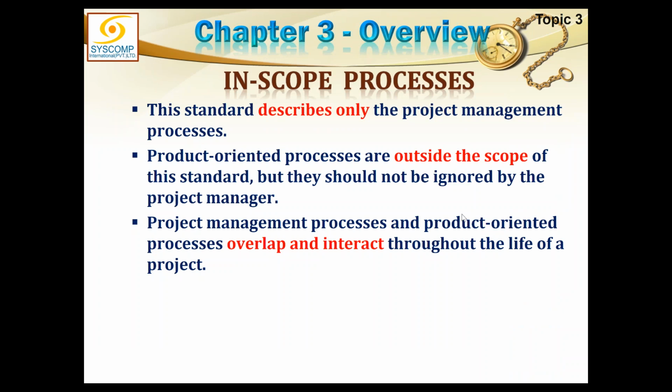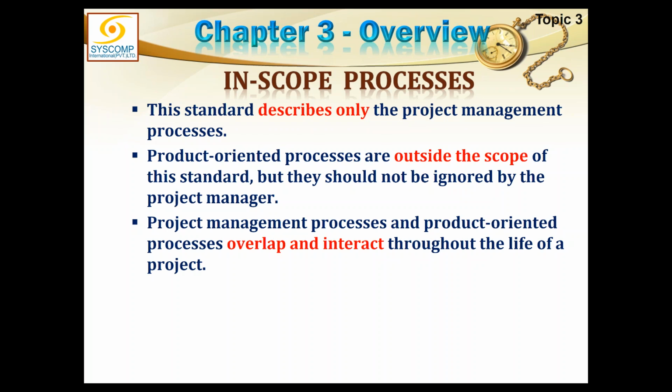Okay. So I was talking about in scope and out of scope. All the project management processes which are generic in nature and they relate to the management of the project, such processes, 47 processes, are in scope of this standard, the project management body of knowledge. But the product-oriented processes are outside the scope of this standard.